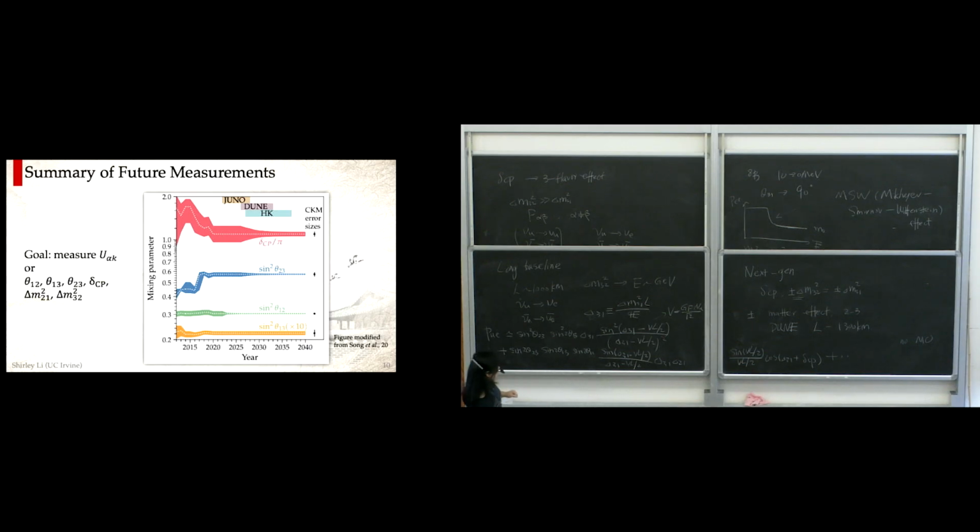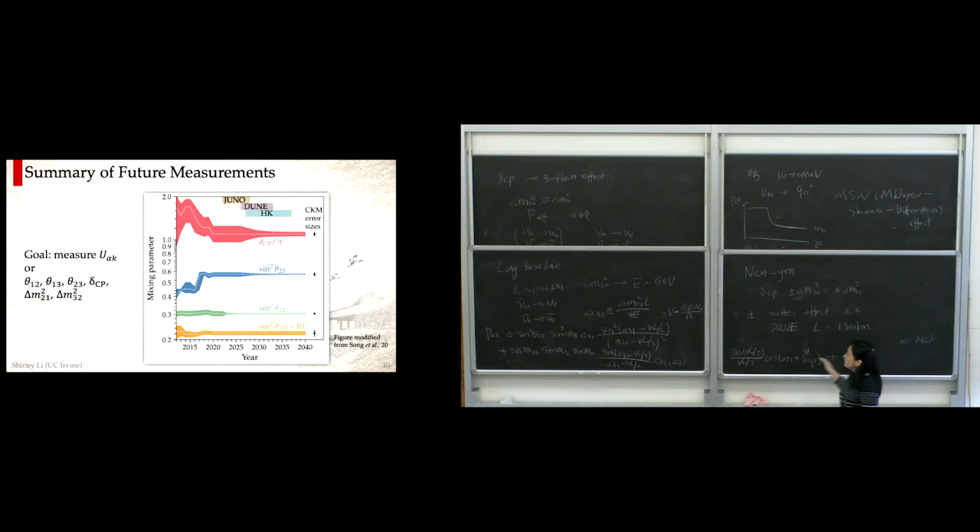Another term I want to point out is this term, together with the matter potential and a whole bunch of other things, that's where delta CP comes in. Also, because this is the matter potential for neutrino and anti-neutrino, you would expect the oscillation probability to be different because the V would flip a sign.